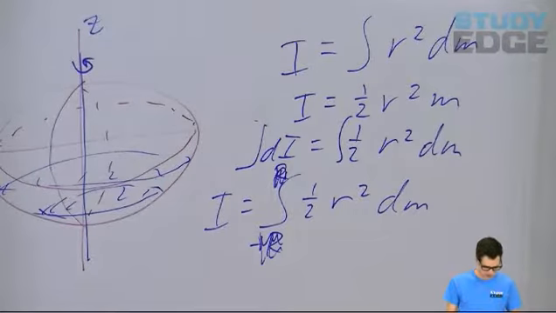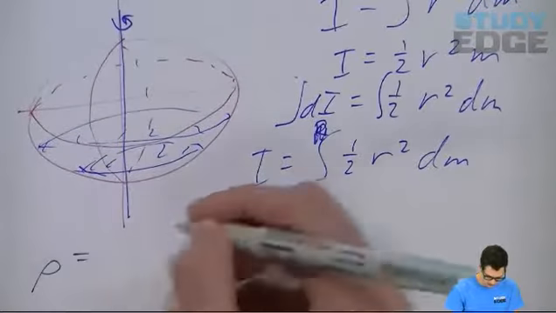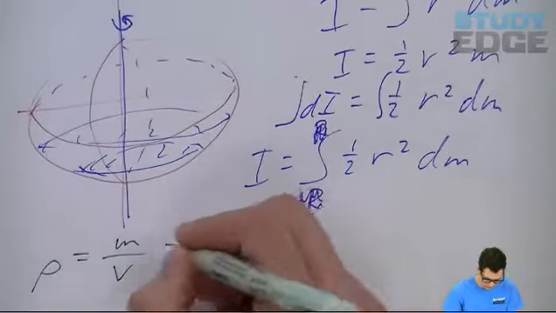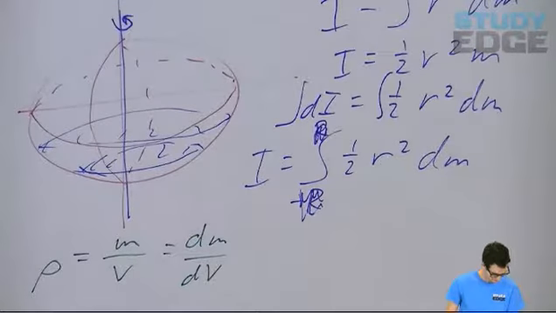So what I'm going to do then is go to the density equation. We haven't exactly studied this yet, but density is equal to mass over volume. That means it's equal to dm over dV. The volume of a sphere is 4/3 pi r cubed.